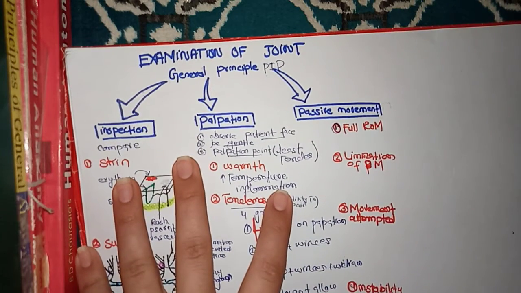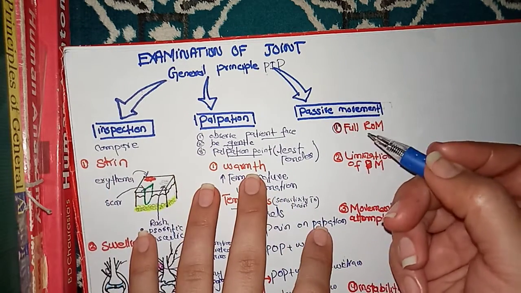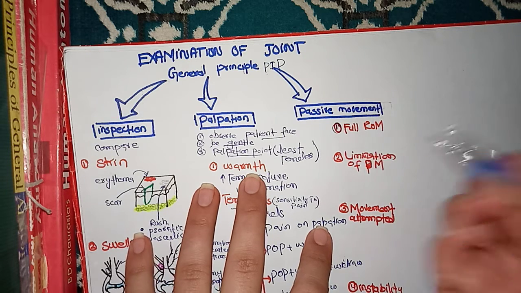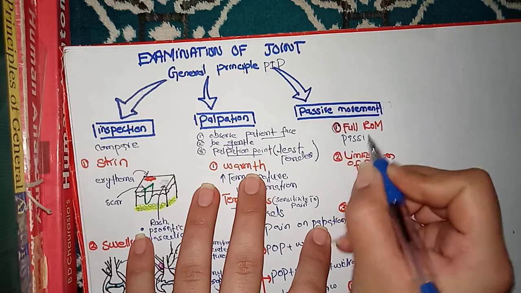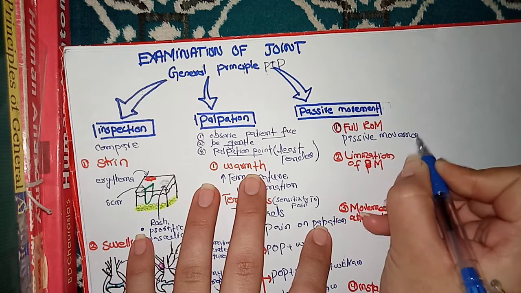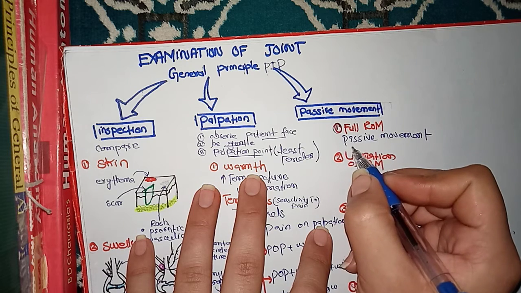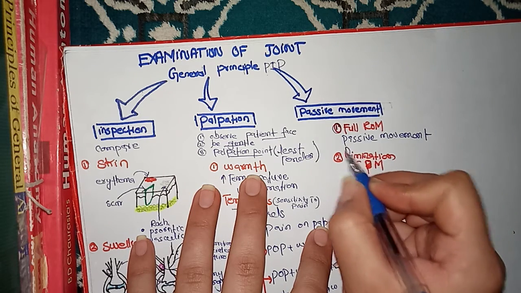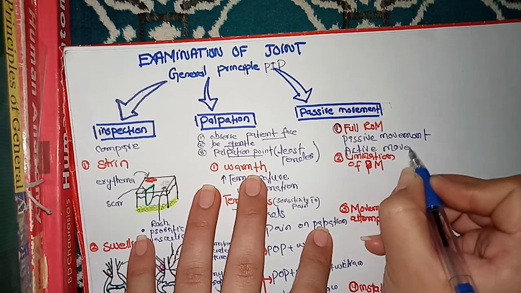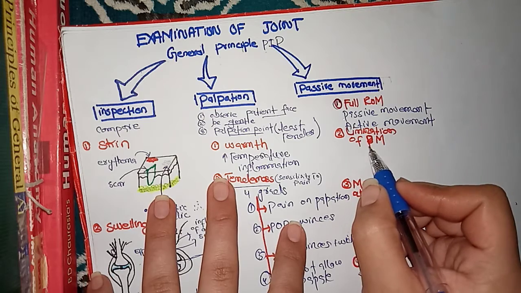And the last thing you observe is the movement. You examine the patient's movement, which may be passive, performed by the physician or therapist, or active, performed by the patient. Then the next thing is limitation of passive movement.